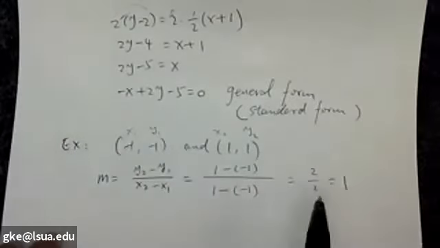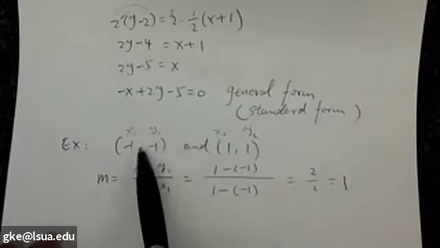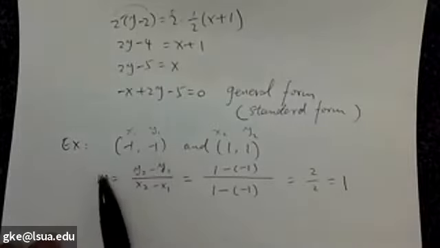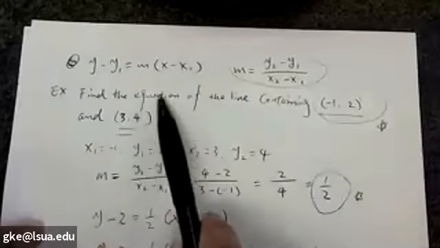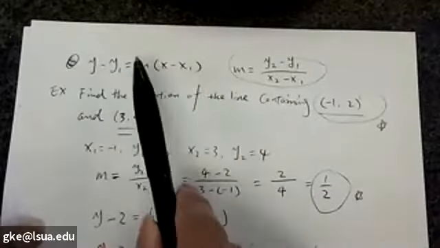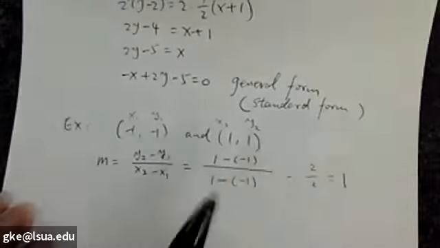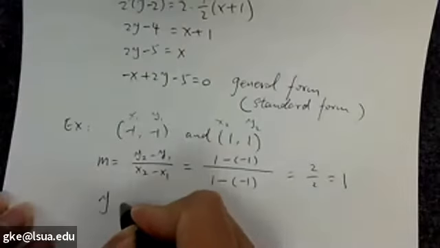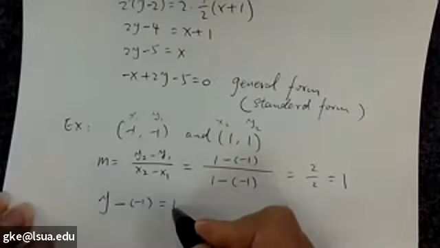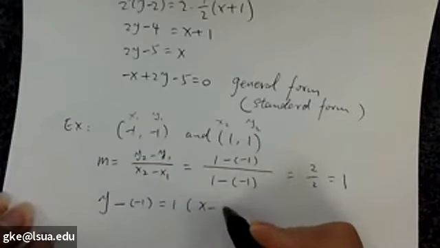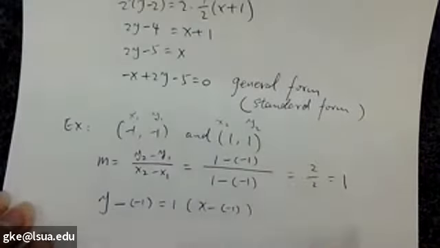So now you're gonna plug in one point. If we plug in this point and slope to this equation, right? 1 point and 1 slope. Okay. So y subtract -1, m is 1, x minus -1.